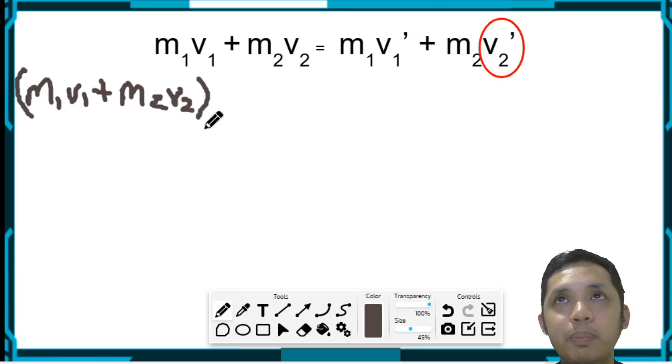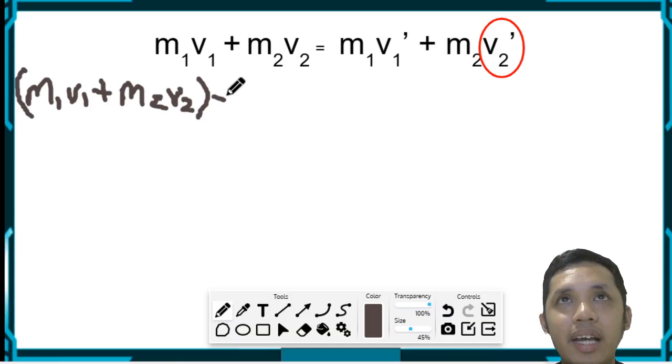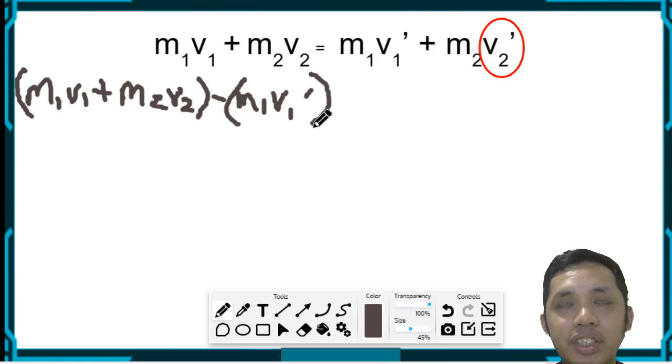We transpose this minus m1 v1 change, and that is actually the momentum of the first car after the collision.